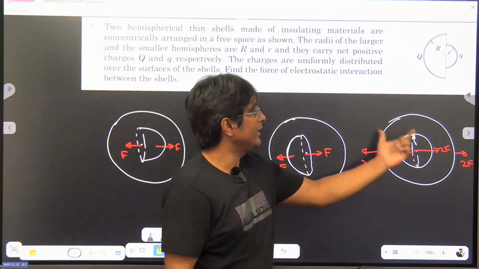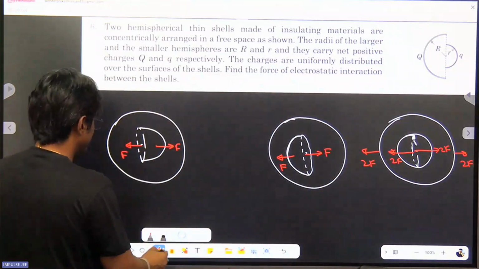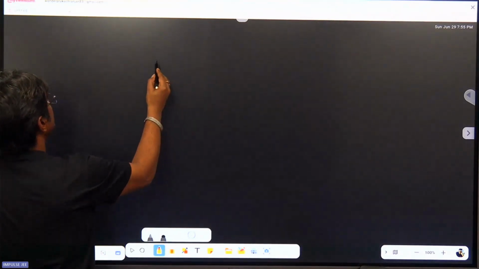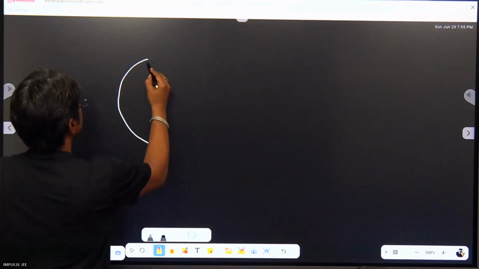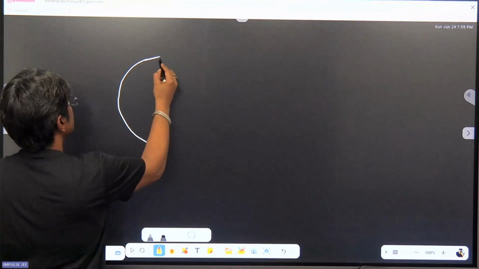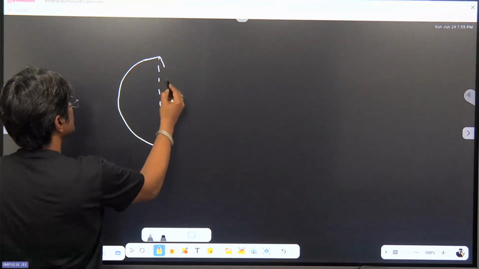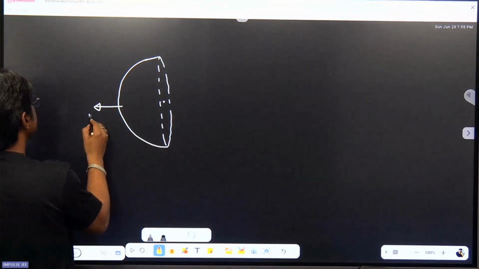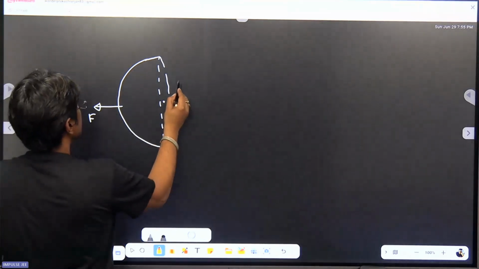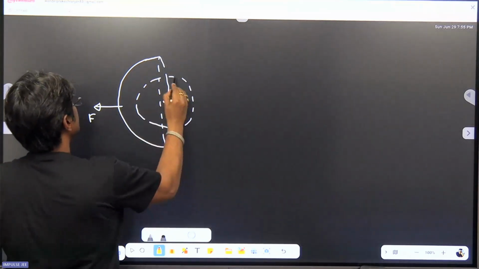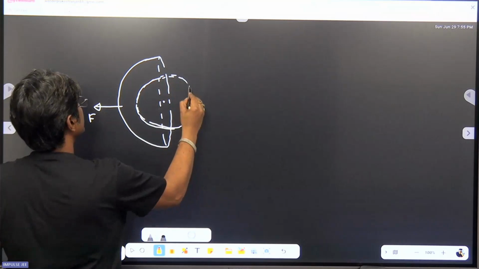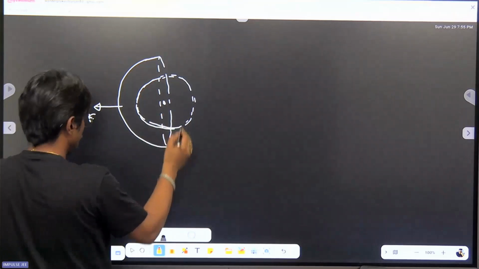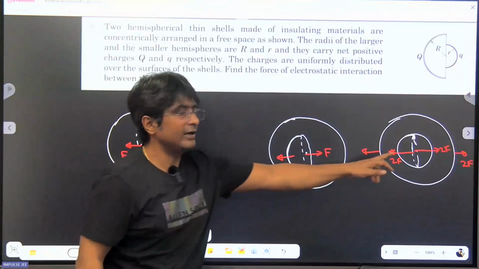So we take the outer hemisphere like this, on which only a force is acting, but we have to take advantage of this information: if inside there is a complete sphere, then the force acting was 2F and 2F.